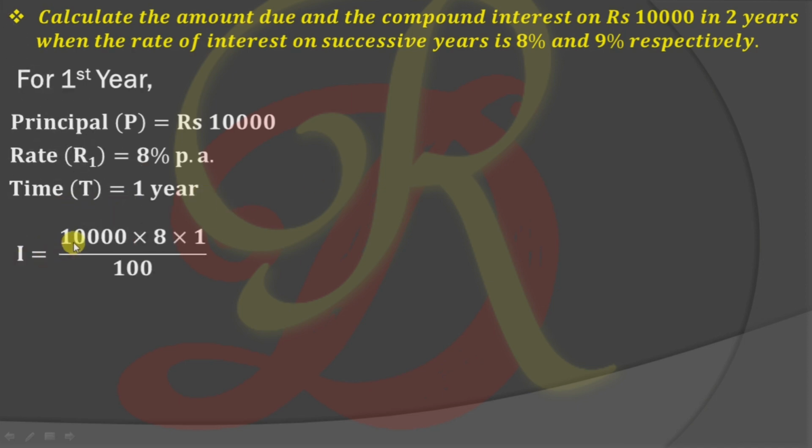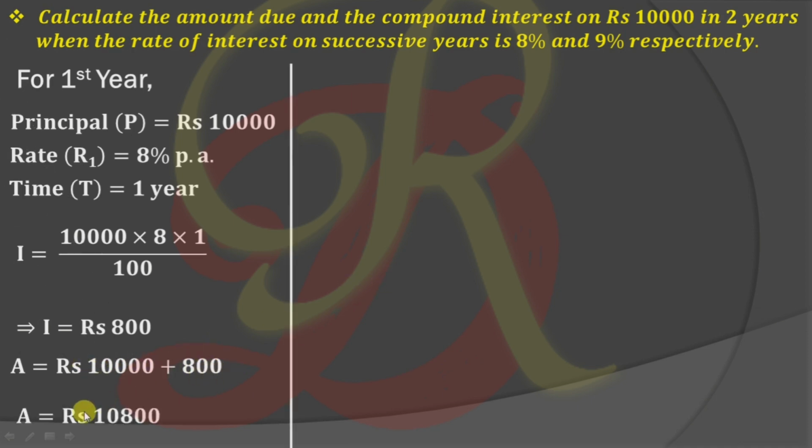So I is equals to P into R1 into 1 whole divided by 100. Two zeros will get cancelled. 100 into 8 is 800. So interest for the first year is rupees 800. Now amount is equals to rupees 10,000 plus 800, that is principal plus interest. We will get rupees 10,800.